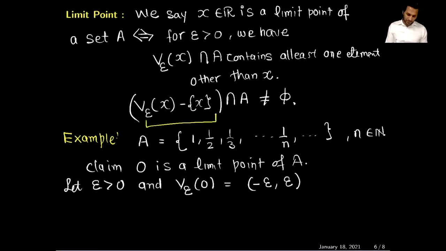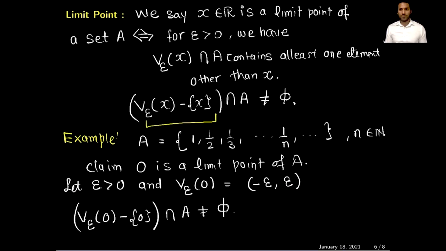Then I will show that if I take this interval, subtract the 0 from this open interval, and then take the intersection with A, that intersection is non-empty. In other words, the deleted neighborhood of 0 and A contain at least one element which is not 0.